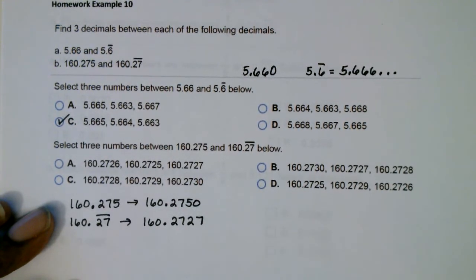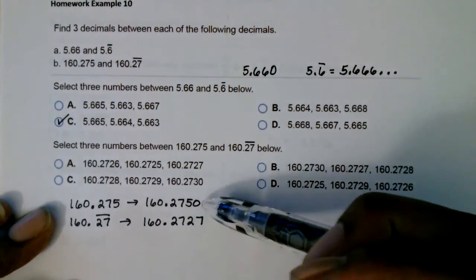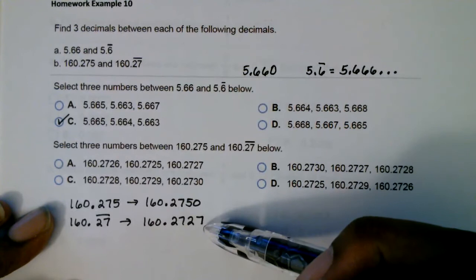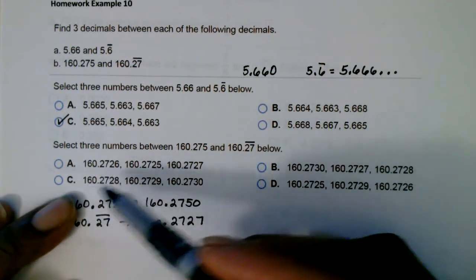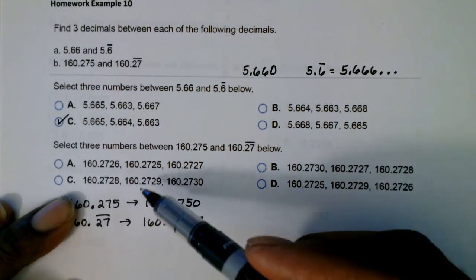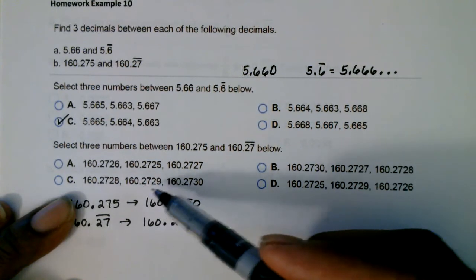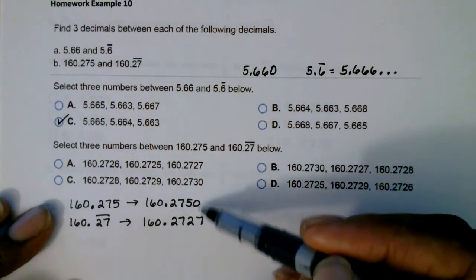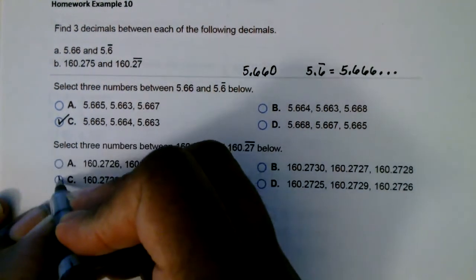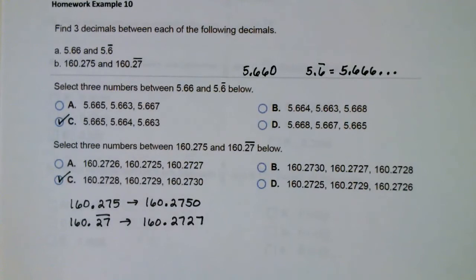And in this case here, I need to find out which one of these falls between these two. Well, if we look at this one right here, 160.2728, 160.2729, and 160.2730 are in between these two. So I'll select that one.